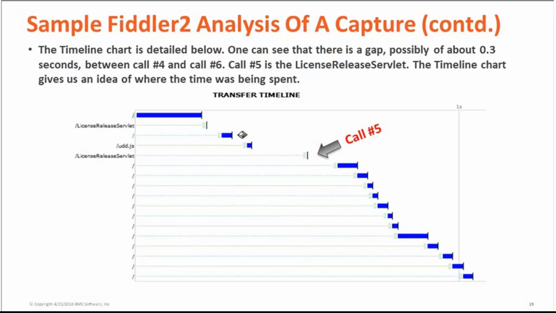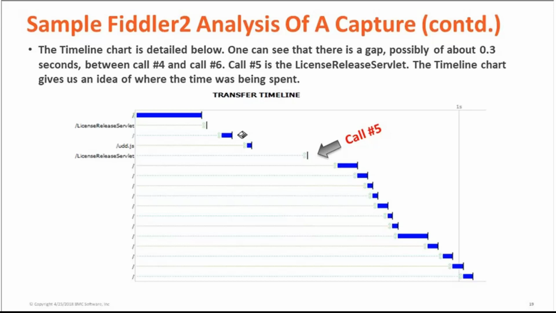For that particular set of 17 calls that took 1.045 seconds, you can see there was time spent between call number 4, which is the udd.js call, and call number 6, with call number 5, the license release servlet, in between. This time spent was about 0.3 seconds.